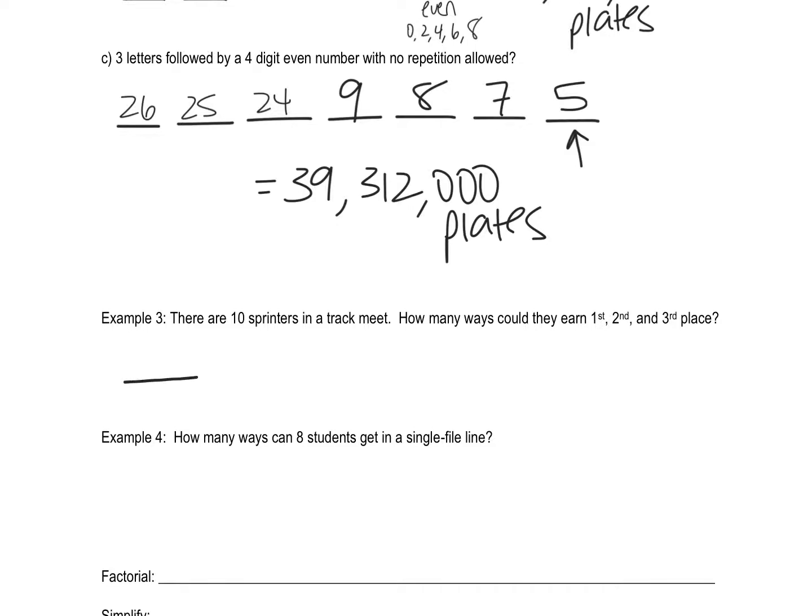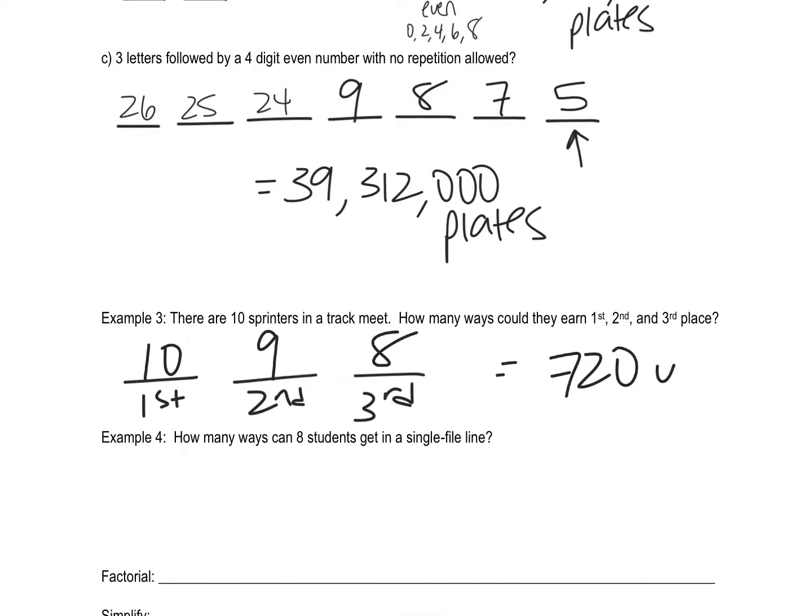So first place, second place, third place. This is another repeat question that you may have seen in geometry, but if there are 10 sprinters, that means all 10 of them have a chance of winning. But then after that first dude crosses the finish line, how many people are still running? Only 9. And then 8. And so that's how we get 720 ways to award first, second, and third place.